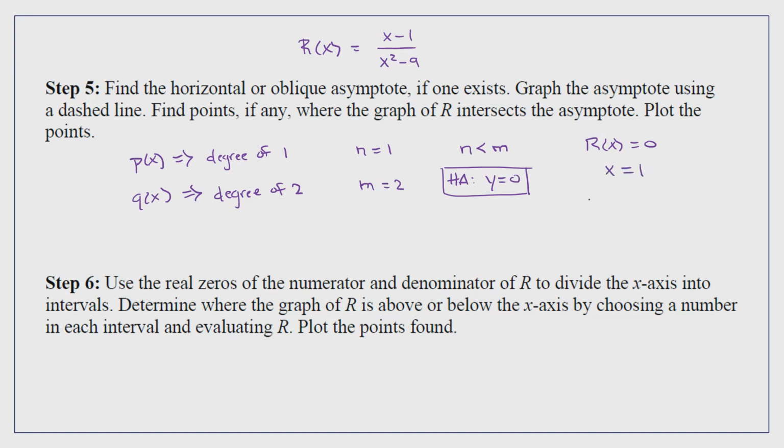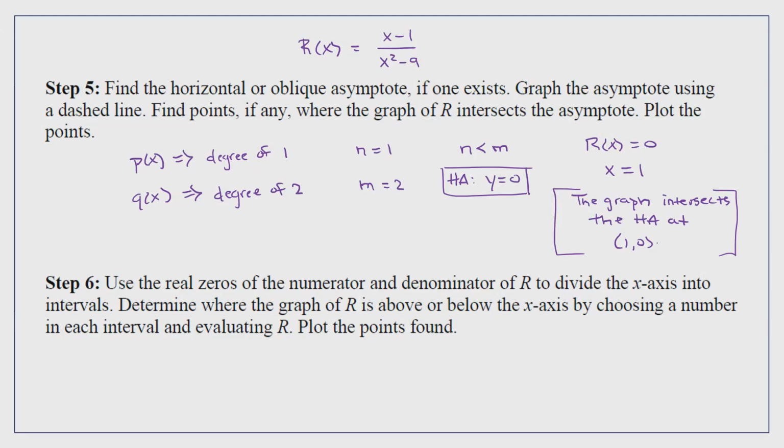So that means the graph intersects the horizontal asymptote at (1, 0).